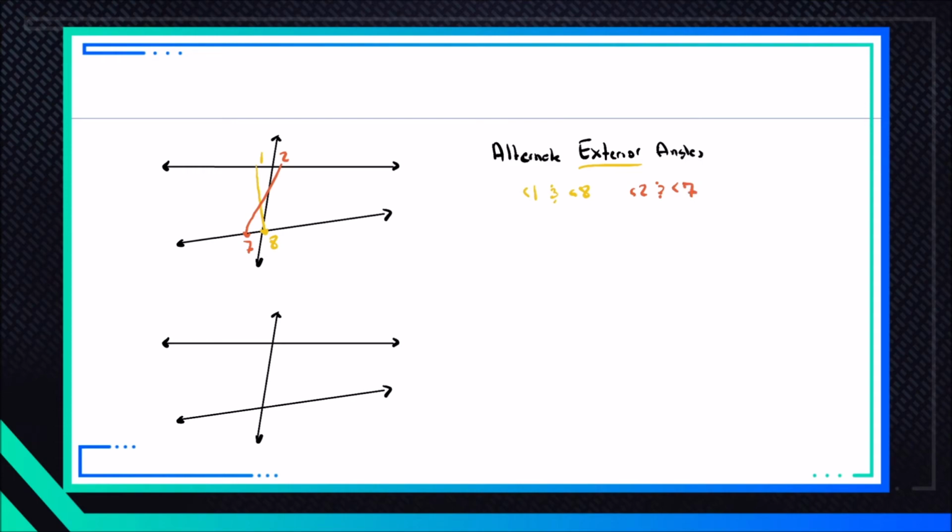And then finally, we're going to have what are called consecutive interior angles. Interior means we're going to be on the inside. Consecutive means we're going to be on the same side. So we're going to go 3 down to 5.